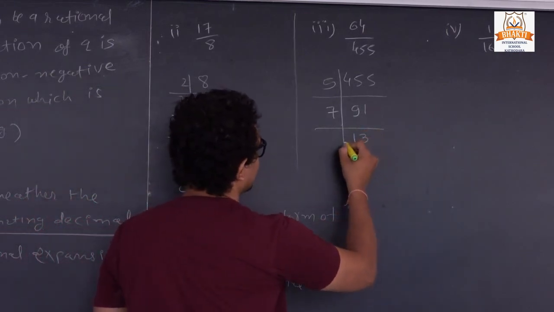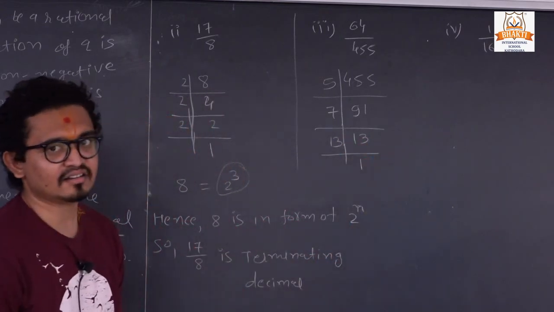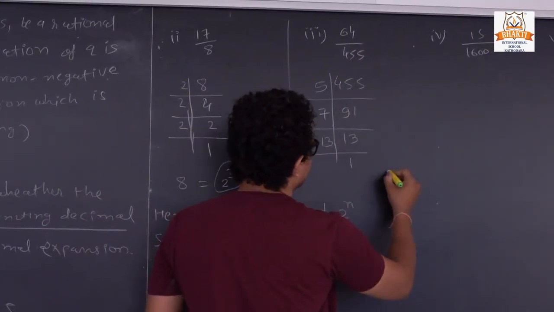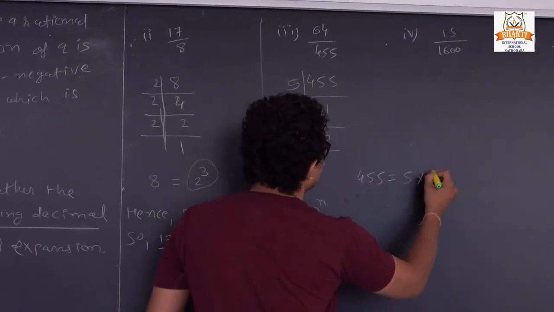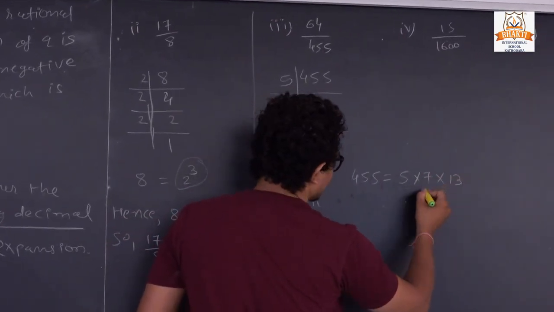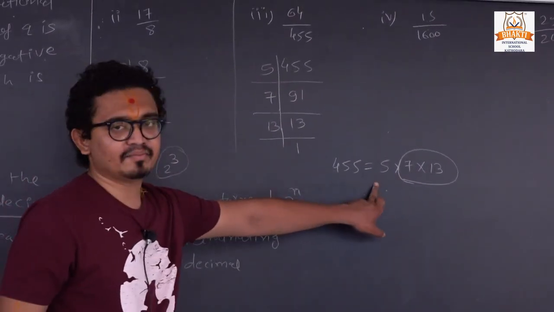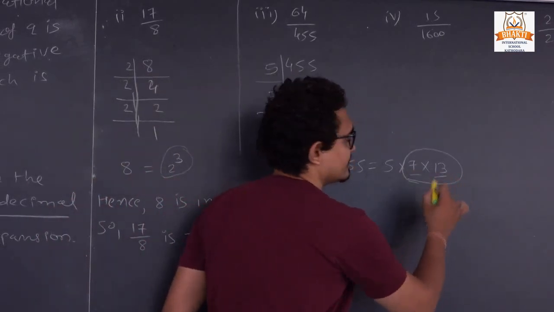So here we have 13, and 13 ones are 13. So what about the decimal expansion? The factors of the denominator are 5 into 7 into 13. So in the denominator we clearly see that we have two extra factors, 7 and 13.